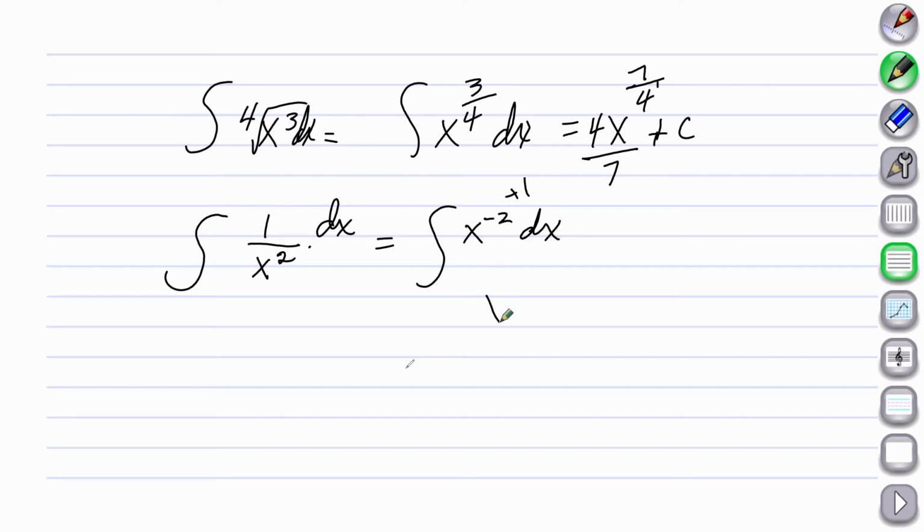So that'll give us x to the -1 over -1. Or we could pull that back down and say that's -1 times 1 over x. So that would finally end up to what? Maybe we could write the final answer as -1 over x, and not dx, plus c. What am I saying? Plus c.